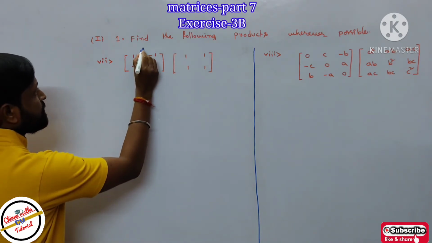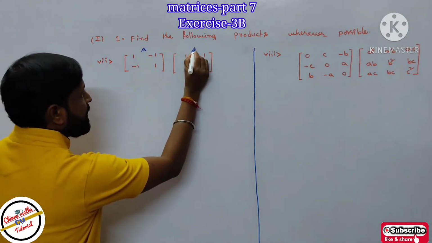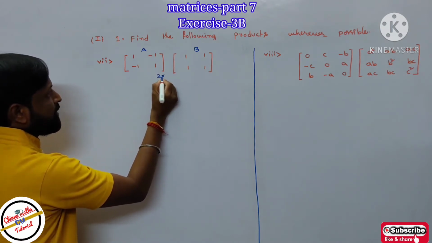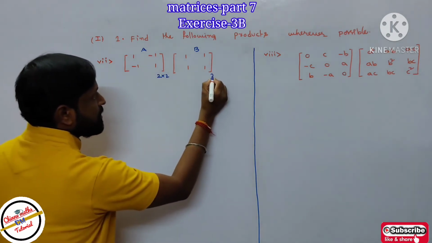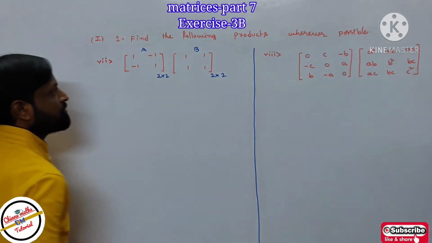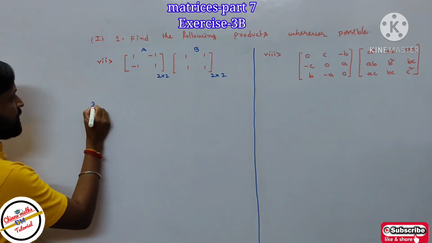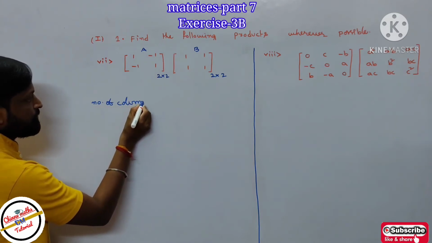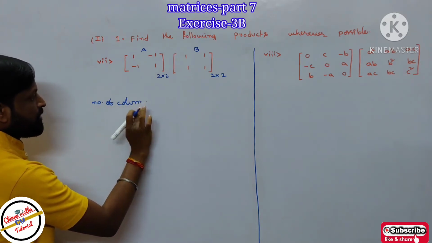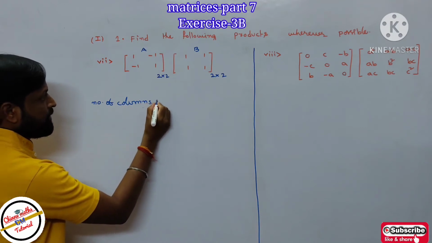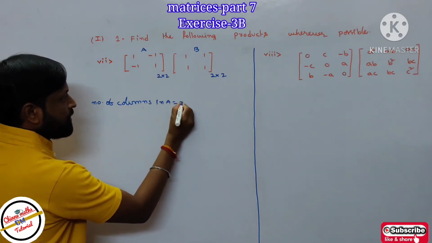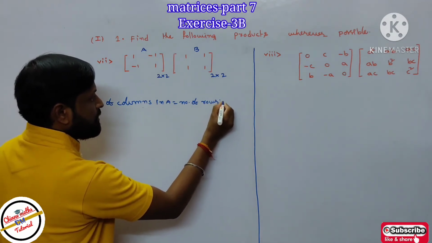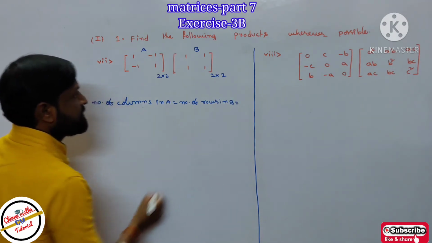It is the A matrix, it is the B matrix. The order of matrix A is 2 by 2, 2 rows and 2 columns. B is also 2 by 2, 2 rows and 2 columns. Verify the condition. The number of columns in A equals the number of rows in B. Let's see.